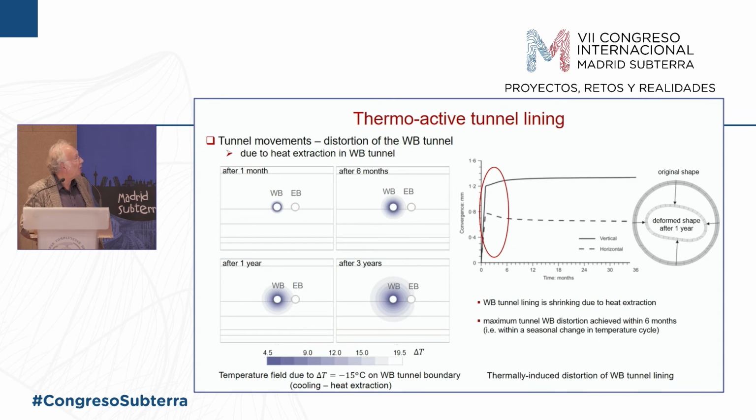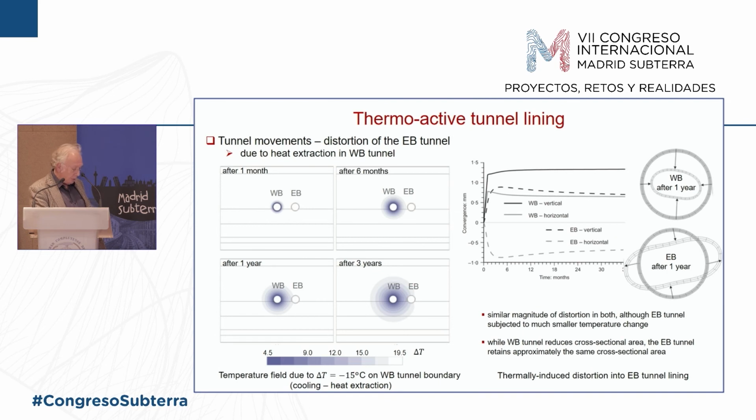We don't even need 6 months before we get the maximum amount. We get this shape, exaggerated, but these numbers are very small, a couple of millimetres. This is not really going to be a big problem with a new tunnel. It may well be a problem if this was an escalator tunnel for London Underground, but then they probably wouldn't put cooling in it.